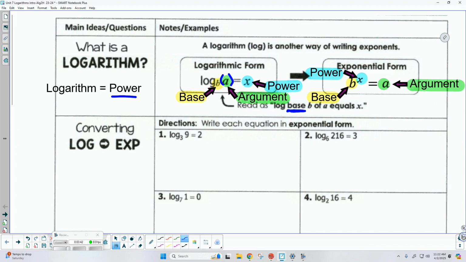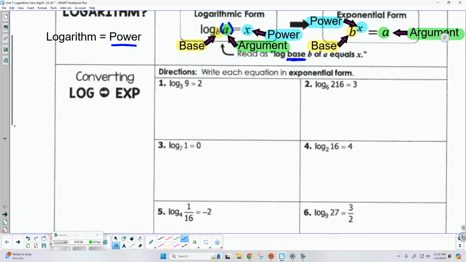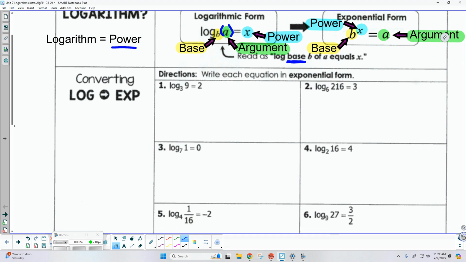What we want to do first is practice converting from a log to an exponential and then back again. Let's start with number one: log base 3 of 9 equals 2. Notice how I said base 3 and then of prior to saying the argument.